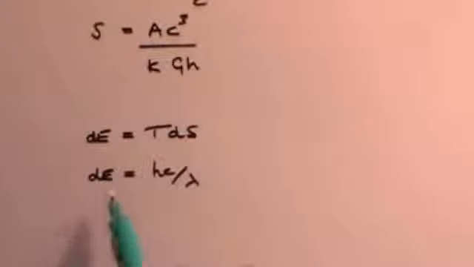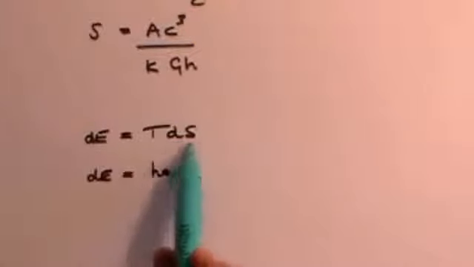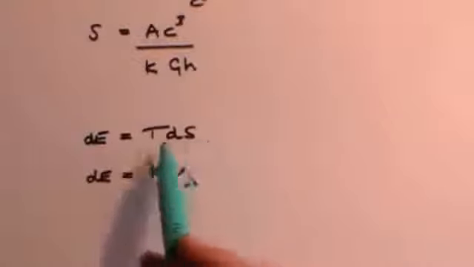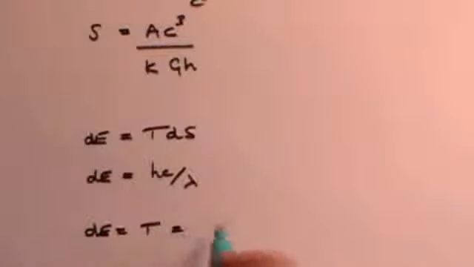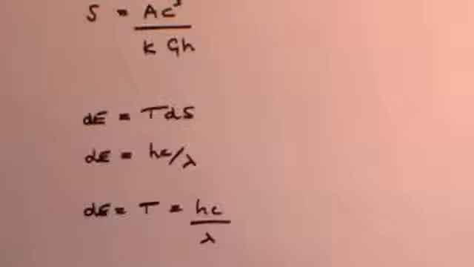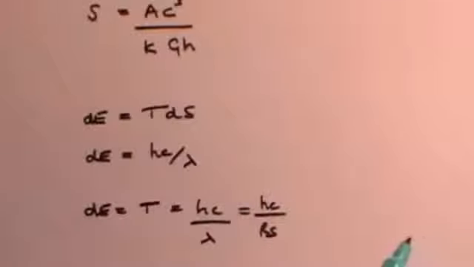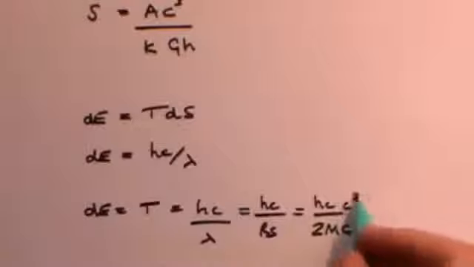So now for one photon, where dS essentially is 1, because we're saying one photon is 1 unit of entropy, dE equals T, and dE is also hc over lambda. But remember, we're also saying that lambda is broadly of the order of the Schwarzschild radius, so that's hc over rs, and rs is 2mG over c squared, so that's hc over 2mG over c squared.